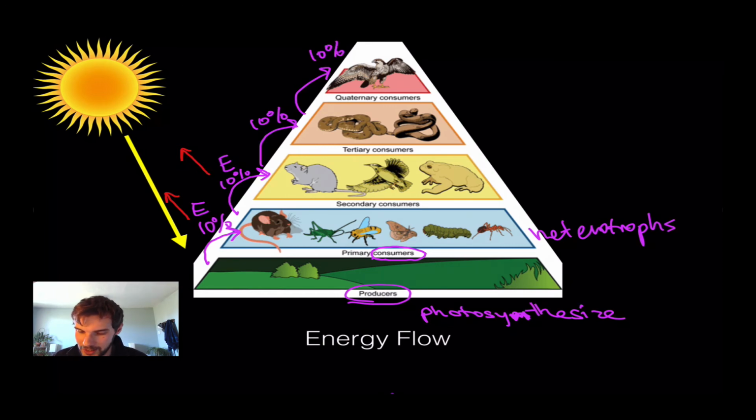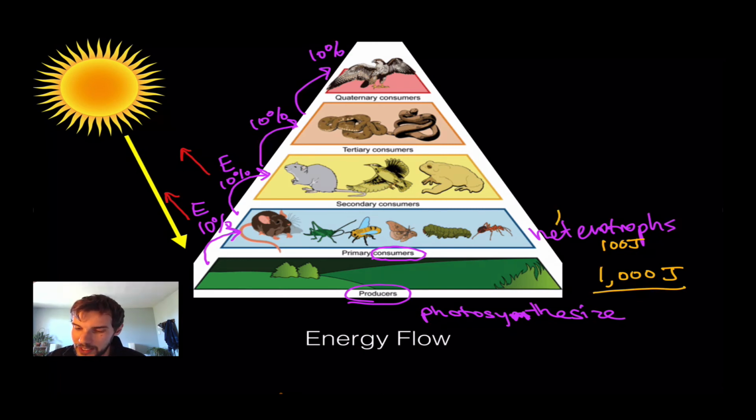So if we started with, let's say, 1,000 joules of energy at the bottom that the producers are able to glean from the sun, and we're going up one level to the primary consumers, then they are only going to get 100 joules of energy, because a lot is lost through cell respiration and different processes in the plants.